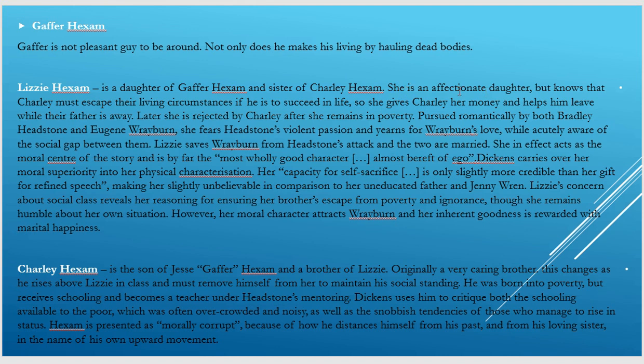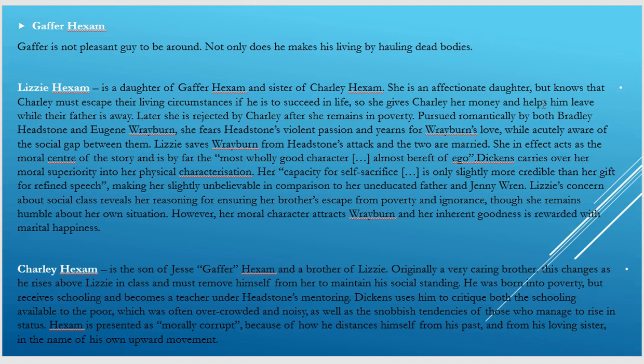She is an affectionate daughter, but knows that Charlie must escape their living circumstances if he is to succeed in life. It means Lizzie and Charlie are preparing to change their life condition and social class by finding a source of money maybe.